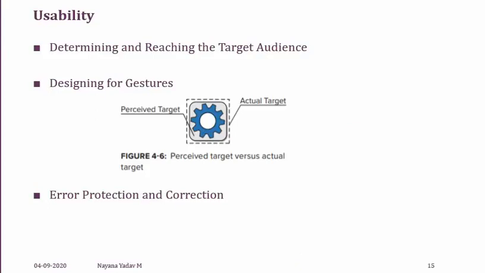The next one we are going to see is usability. What do you mean by usability? In the current world, everyone uses a cell phone. A kid in LKG or UKG uses a cell phone, and an elderly person of 85 or 90 years also uses one.